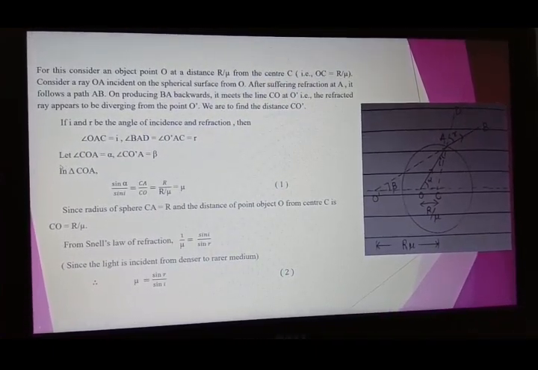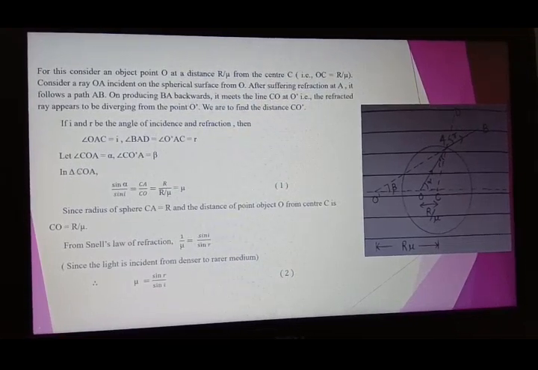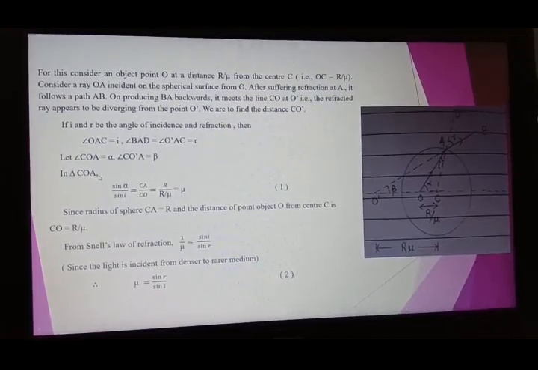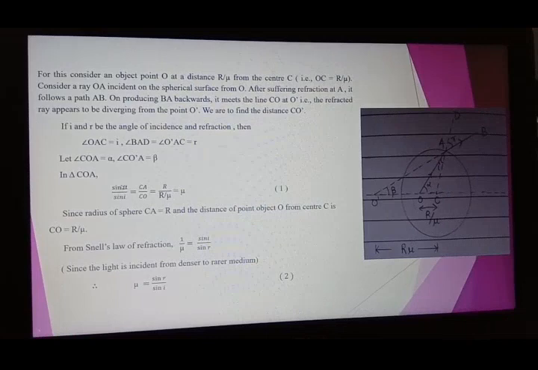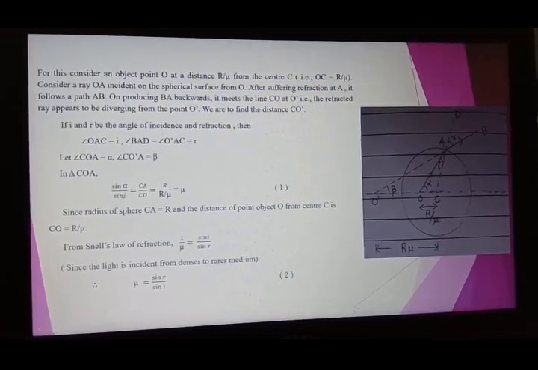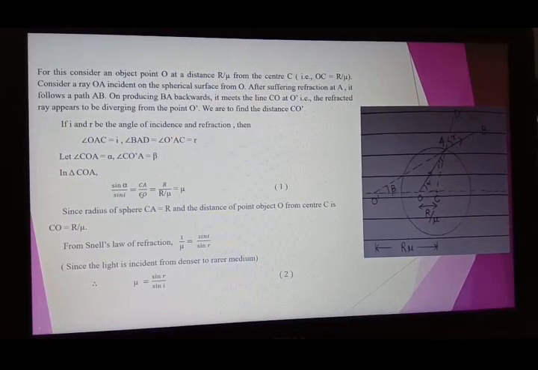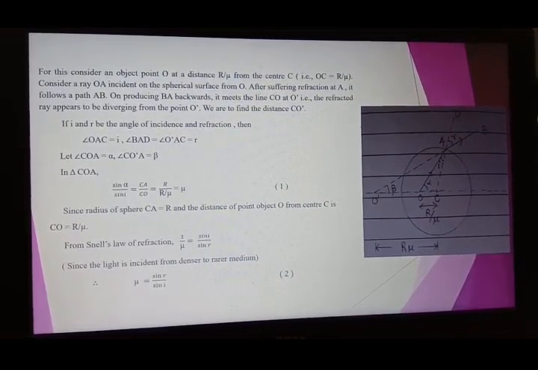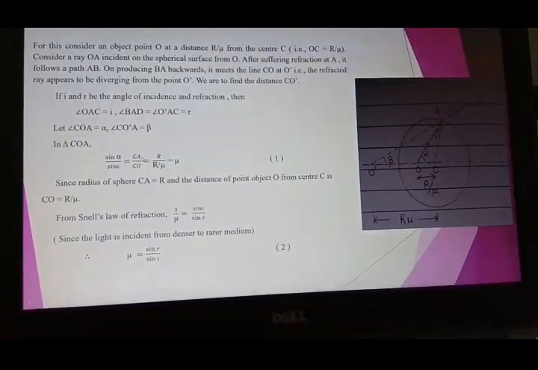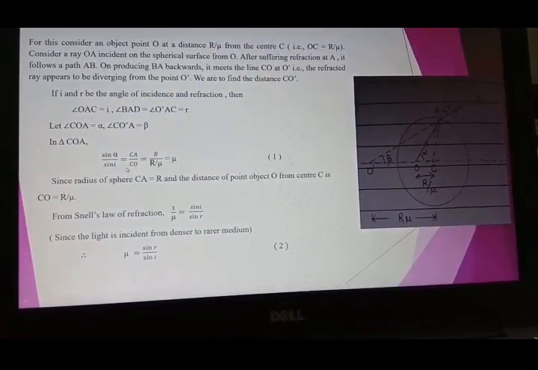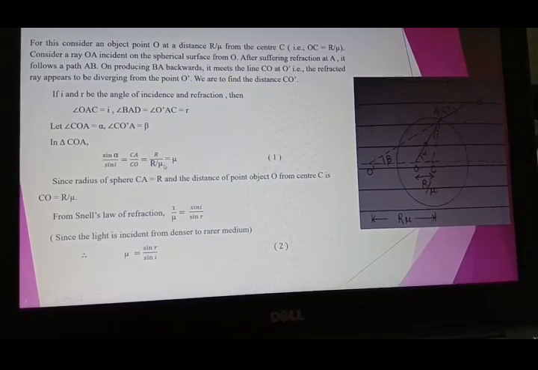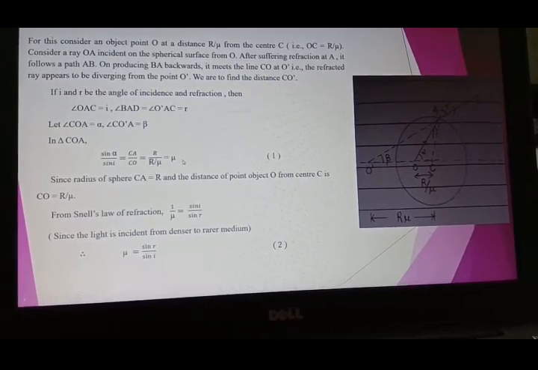Now considering the triangle COA, sin alpha upon sin r is equal to CA upon CO. This we are writing from the geometry, and here CA is equal to r, CO is equal to r upon mu. This is equal to mu.